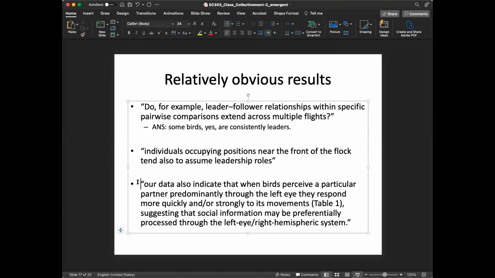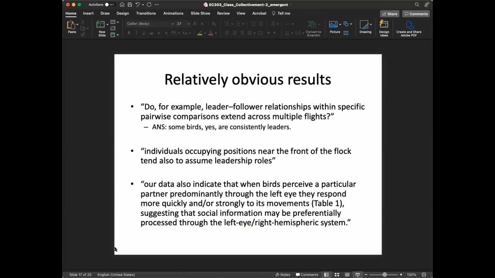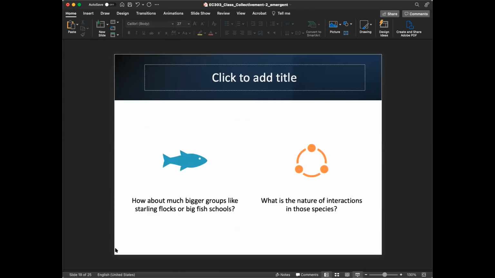I think some of you with a biology background would know that different organisms have different dominant parts of the brain, and depending on that they may have a preference in how they process information from different eyes. That seems to be true with these birds, that they seem to use the left eye predominantly. They follow individuals on the left side better in general.